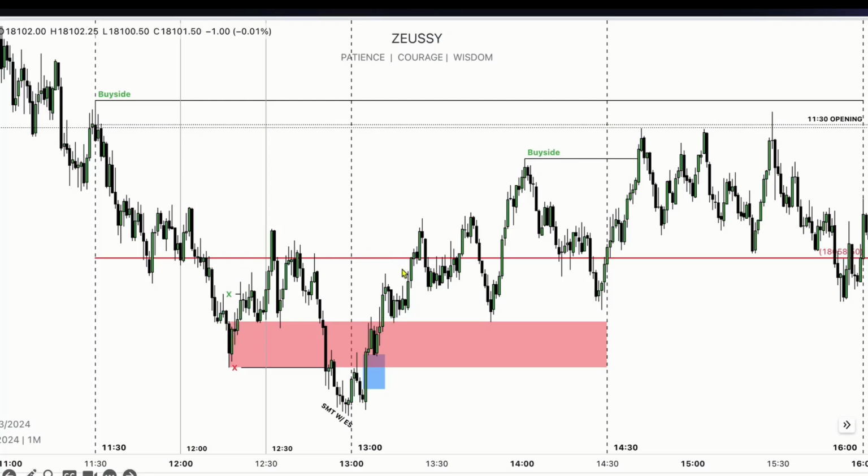Forms a low, expands higher, trades above range midpoint, and notice that again time distortion is taking place, consolidation. Market expands higher, forms a high, manipulates lower, taking out all of the sell side liquidity engineered within this consolidation, within this time distortion. And we see a low form again in that candle's high.